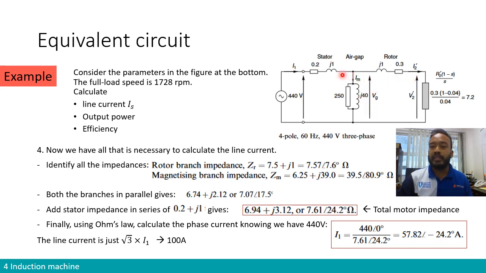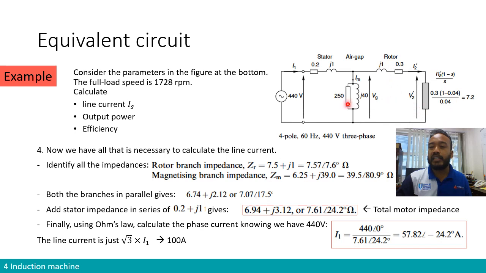We can calculate the reactance of this branch, and this branch as well, which includes J1, 0.3 and this resistor. We can see that this branch and this branch, the rotor branch and the air gap or magnetizing branch, are in parallel.